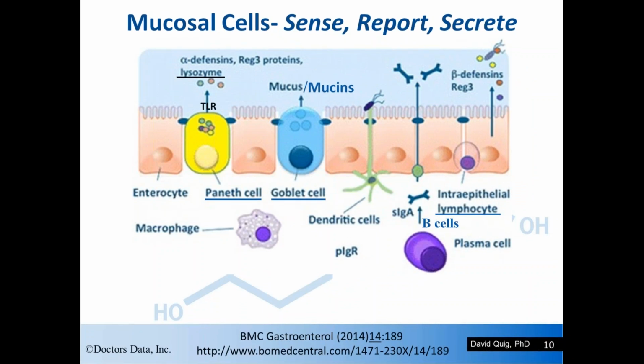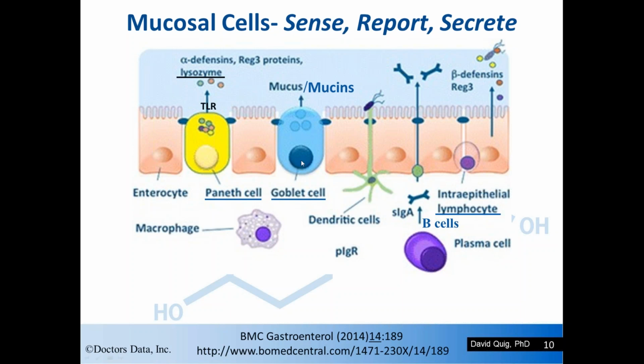Now, within the mucosal barrier, we have very specialized cells that are responsible for sensing, reporting, and secreting. That is, through the communication with the toll-like receptors, the Paneth cells produce alpha defensins, Reg3 proteins, and lysozyme, which is a glycosidic antibacterial enzyme that can be measured in comprehensive stool analysis.